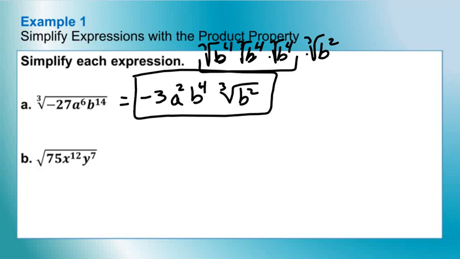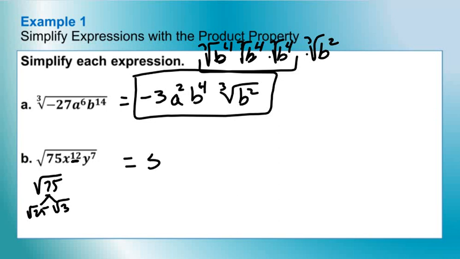Next, the square root of 75 times x to the 12th times y to the 7th. If I break this apart, the square root of 75 can be the square root of 25 times the square root of 3. And x to the 12th has an even exponent, so that would give us x to the 6th. Let's simplify the numbers right now.